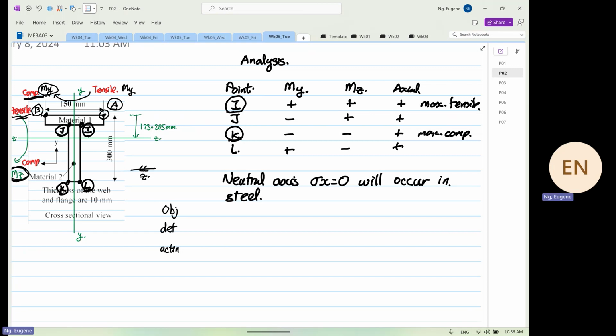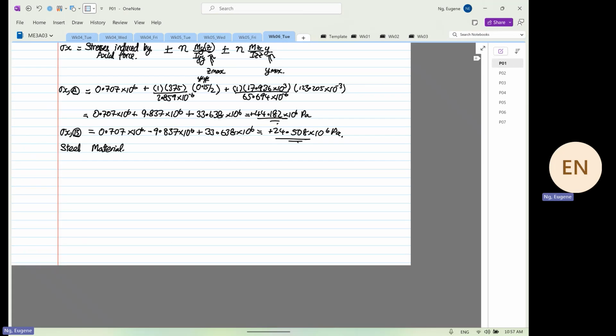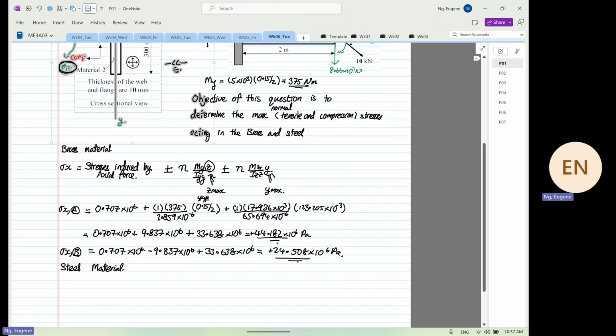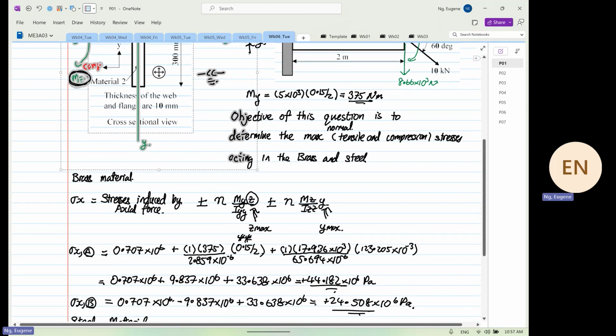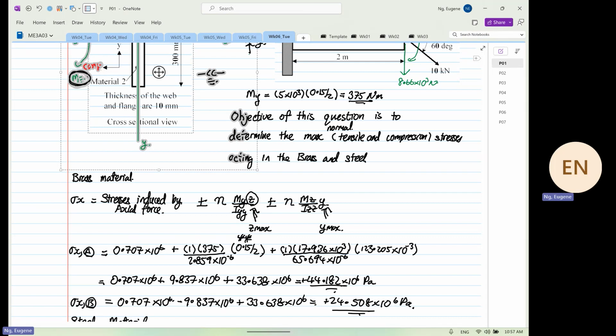So in this context, we can ignore trying to find brass material that has the maximum compressive stress. It's not going to happen at all. Why? Because the neutral axis passes through the steel material. Does that make sense? Nothing to memorize. This course, don't memorize. This course is all about what? Analysis.